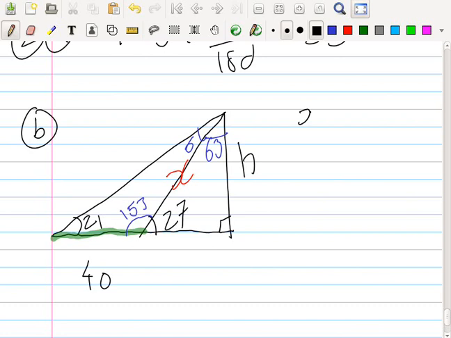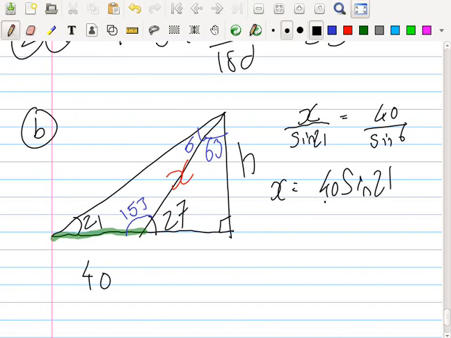So we can say x over sine 21 equals 40 over sine 6. So we get x equals 40 sine 21 over sine 6. Now actually don't type it in just yet, because it'll be a tiny bit more accurate if we put it in at the very end, okay?